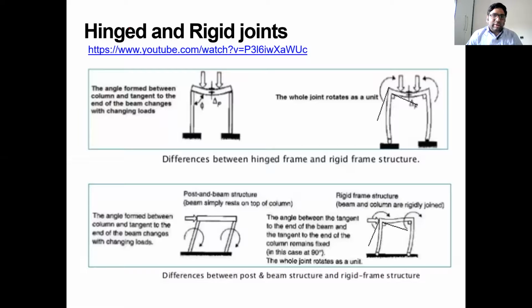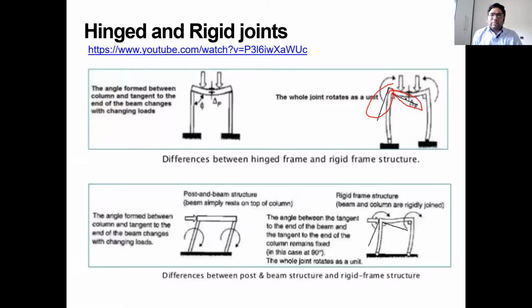We have already seen a hinged joint, so you can see how it behaves. The difference between a hinged frame and a rigid frame: whenever a load is applied to a frame, you have rotation for this beam and rotation at this column also.